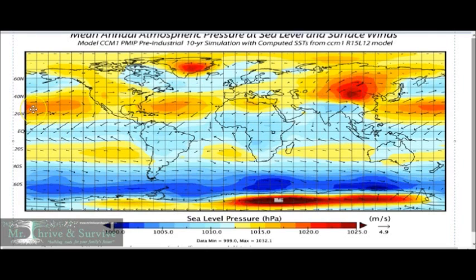I've never studied the West Coast as far as how the water works, but I can tell you just by looking at this, there's high pressure just west of Hawaii, which means you're going to have a steady north to southeast wind coming down along the coast. So the water in the Pacific is going to be driven down from Alaska, Washington, and Oregon towards Mexico.